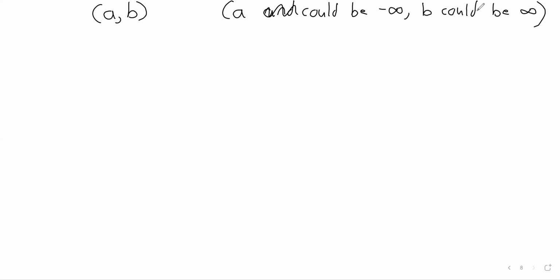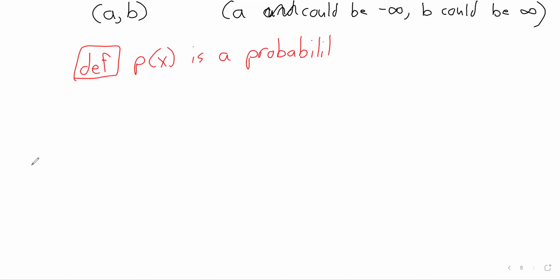A could be negative infinity and B could be positive infinity. Let's define a probability density function.